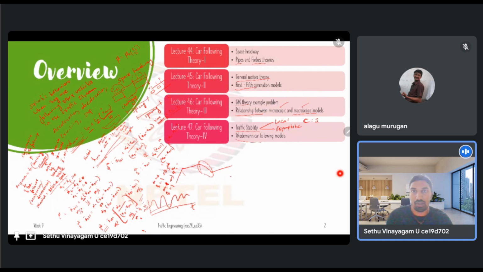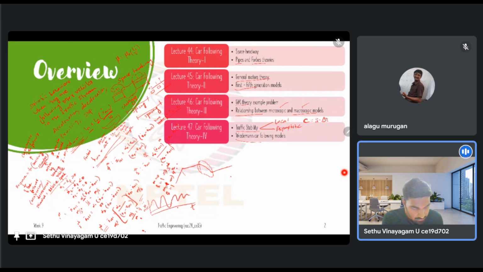So the sensitivity of the follower contributes to whether the response is going to be stable or unstable. The other part of the stability is the reaction time. So how long it takes for the driver to react to the situation, right? So the sensitivity and the reaction times are two important components that relate to the traffic stability.